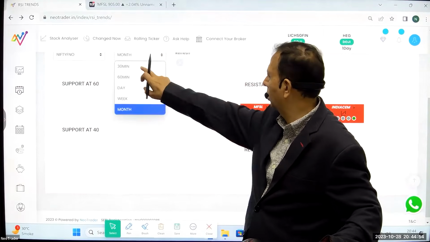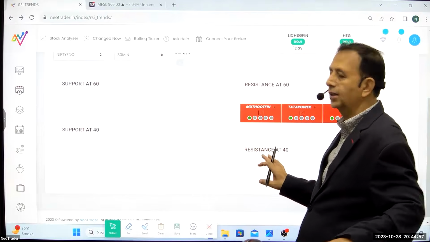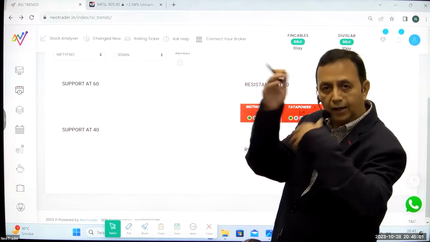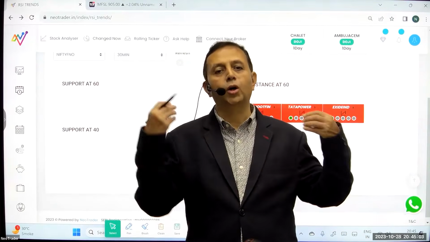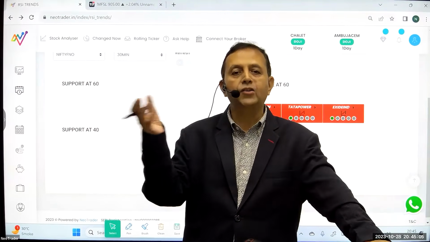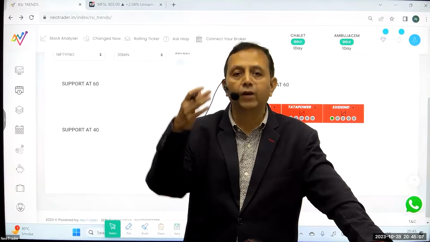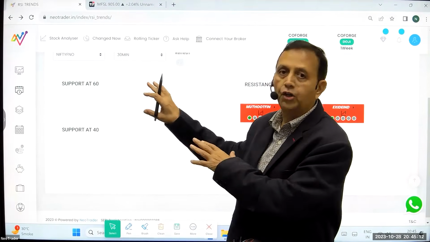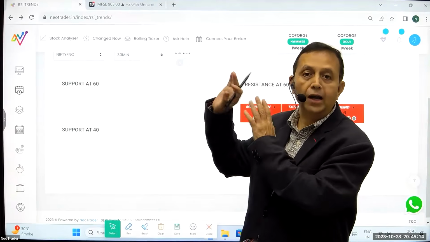So let's see, 30-minute any resistance. So there is nothing which has got resistance at 40 as of Friday. But every day things keep changing and newer candidates keep coming. So it makes your analysis very, very easy. All right. So these are 4 new features that I have introduced into Neo Trader.